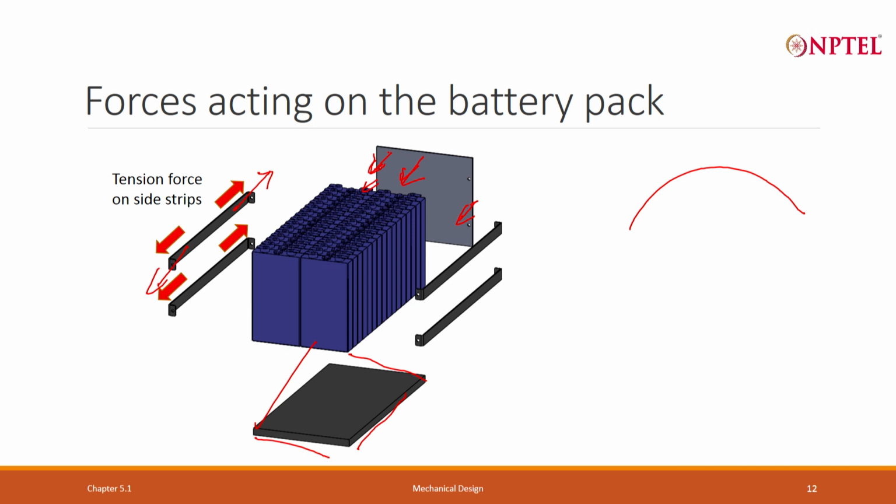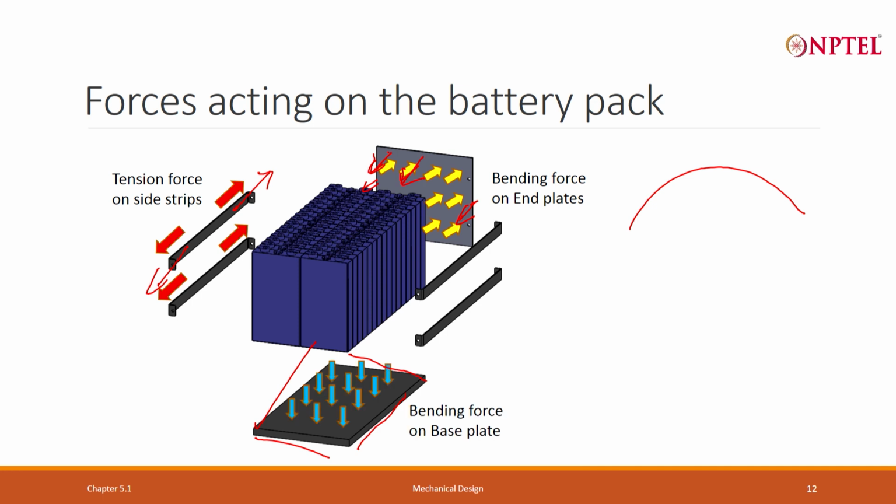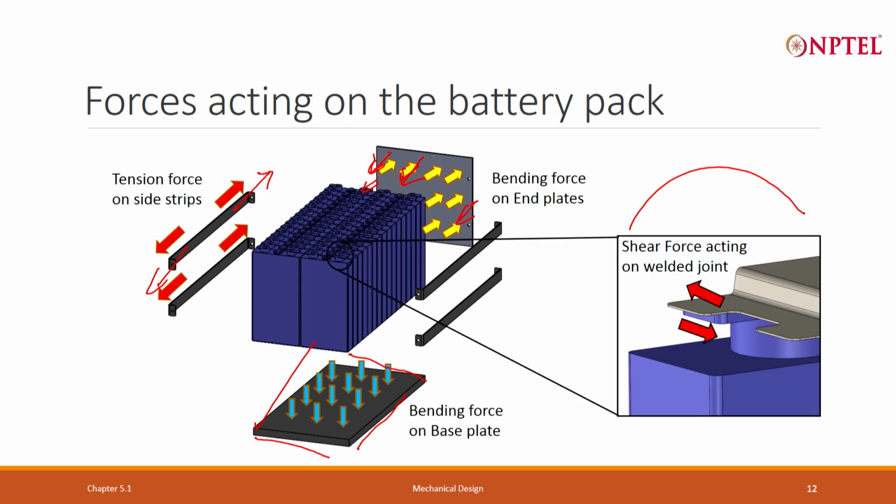On side strips, it is generally a tensile force which is dominant. On the end plate, it is basically a bending force which is dominant. On the base plate, it is a bending force which is dominant, and in the connection between cell and bus bar, it is a shear force which is dominant.